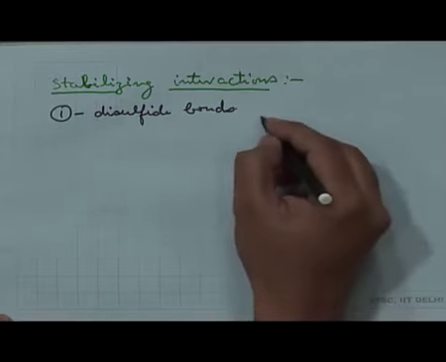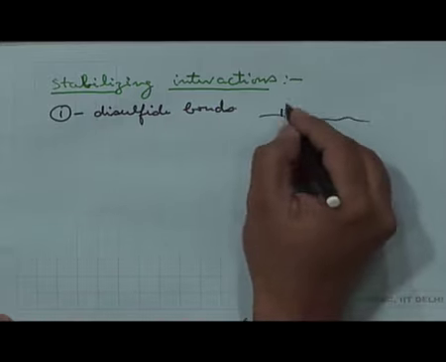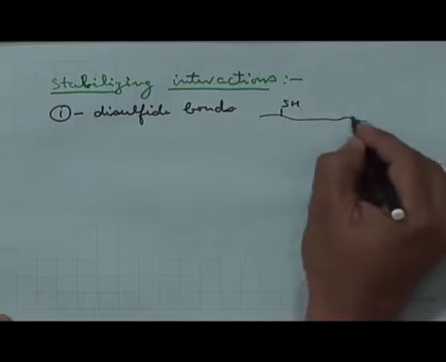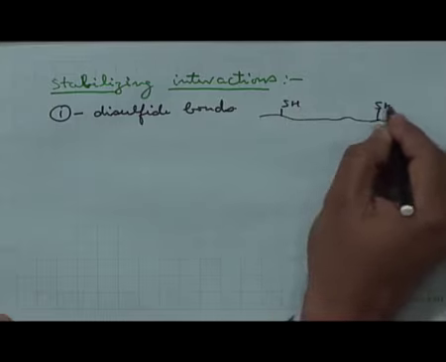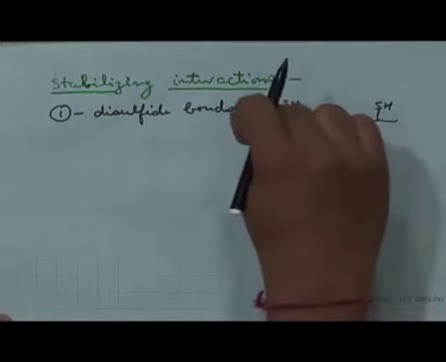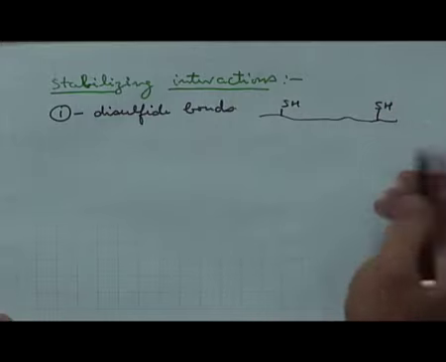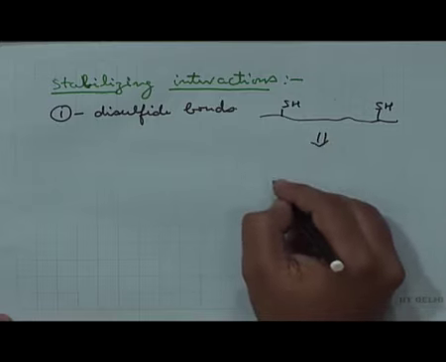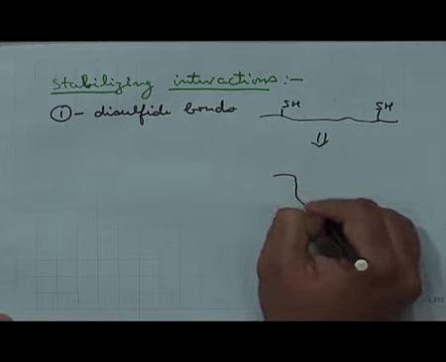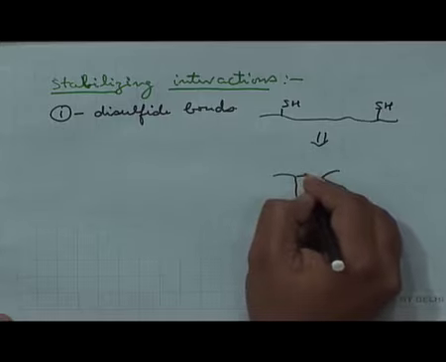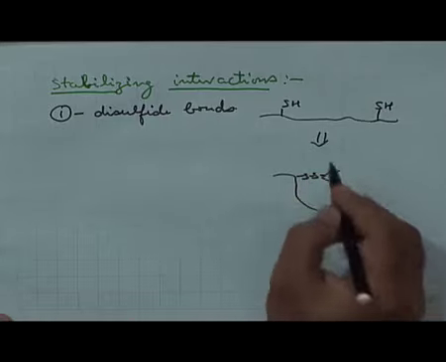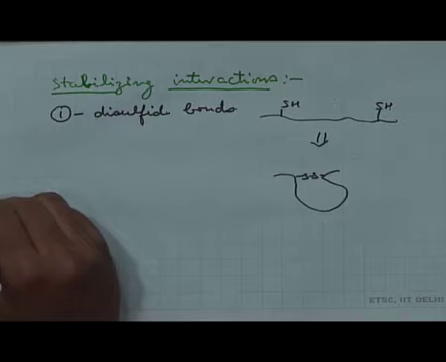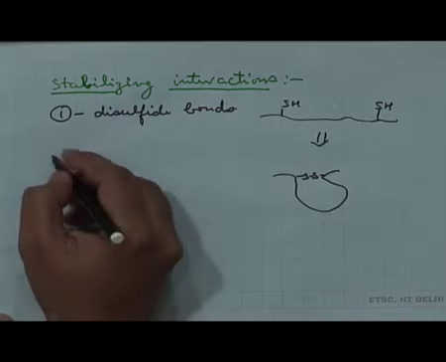Consider if the protein has 2 SH groups; by folding, the 2 SH groups can get converted to a disulphide bond. This possibility can happen. This is the disulphide bond.